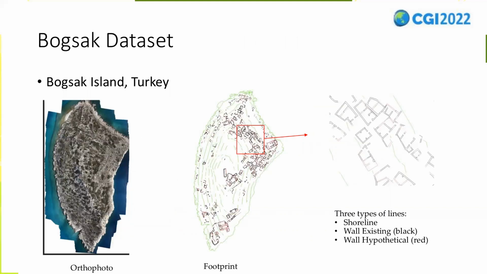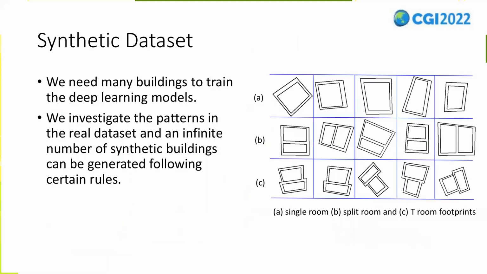Our initial dataset is based on Bosak Island. It is in Turkey. It provides a prime location for us to explore the building contour completion task. To enable our guided pluralistic building contour completion approach, we generate a large synthetic dataset of building contours spanning the observed style of the building structures in the general region.